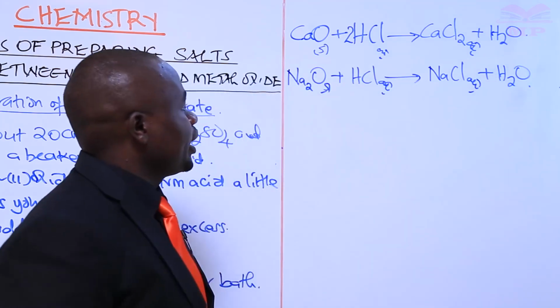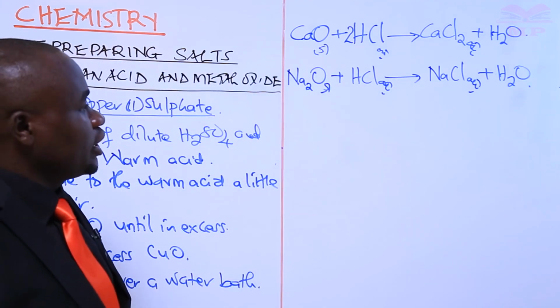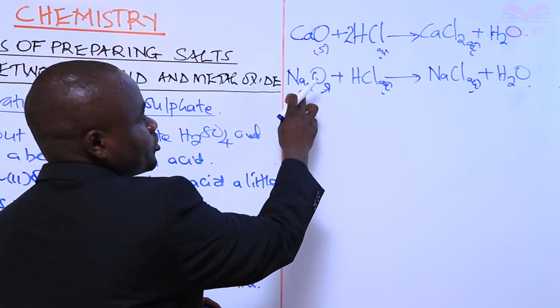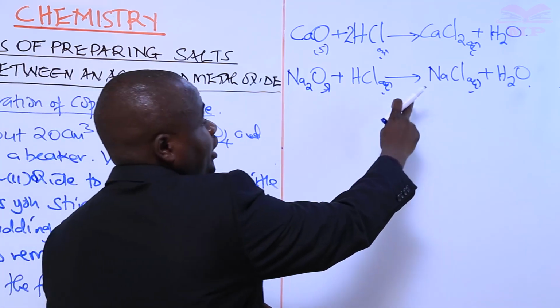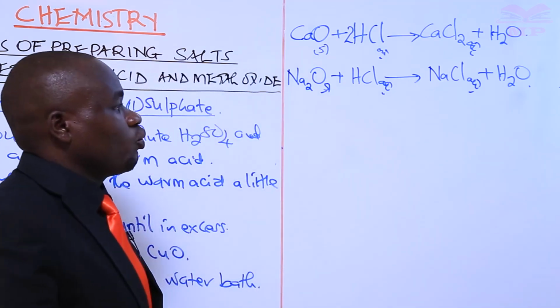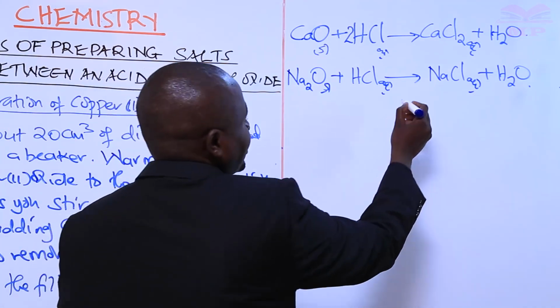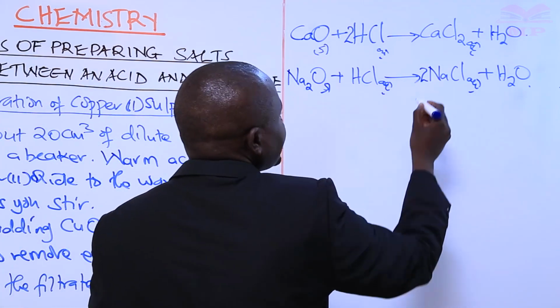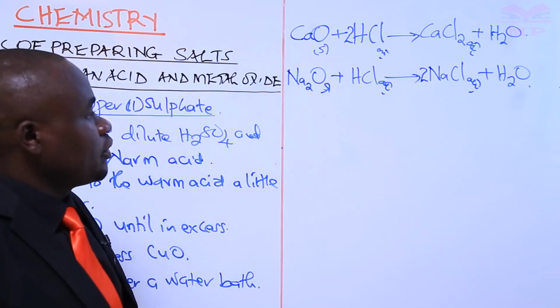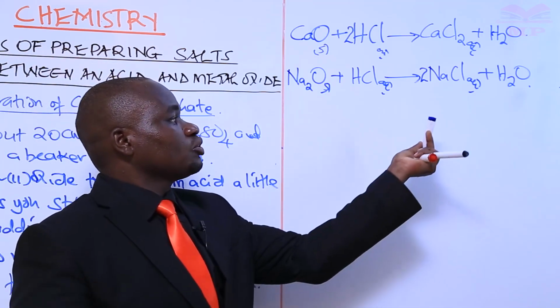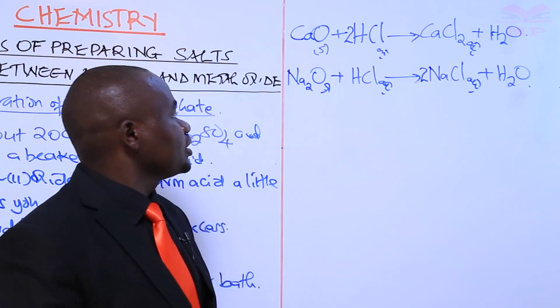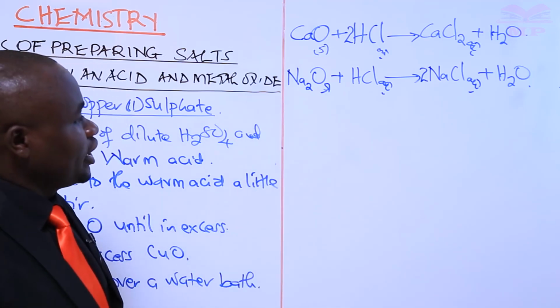So we check if it is balanced. You can see we have 2 atoms of sodium on the left hand side. The right hand side has 1. So we have to balance by putting 2 on sodium chloride. That will mean I will have 2 atoms of sodium on the right and 2 on the left.